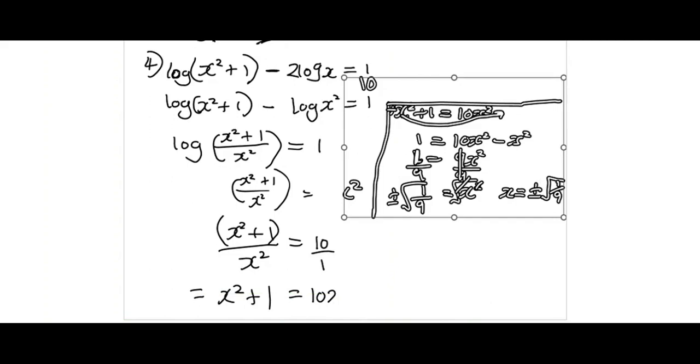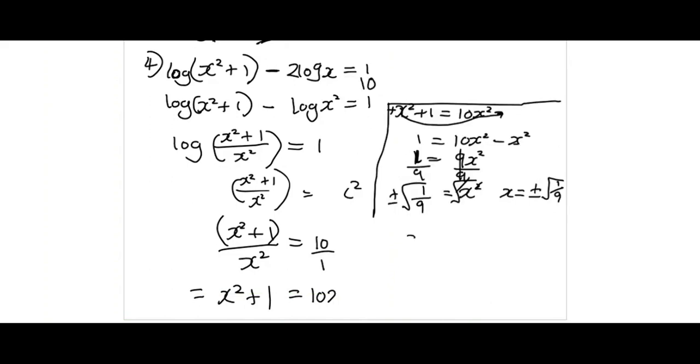So let me continue. I have x is equal to plus or minus the root of 1 over 9. So x will be equal to plus or minus the square root of 1 all over the square root of 9.